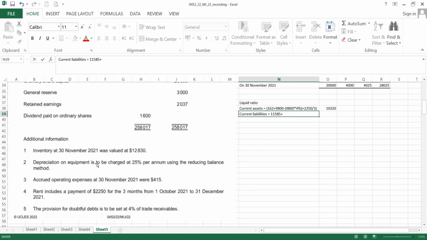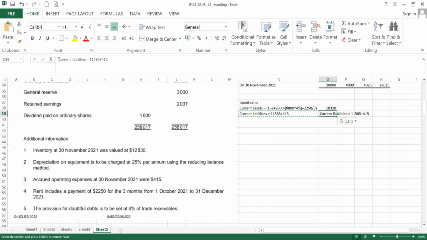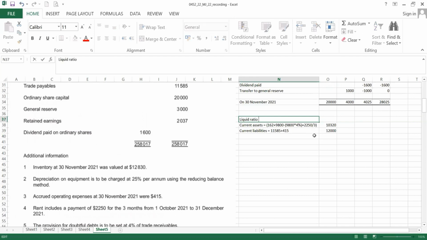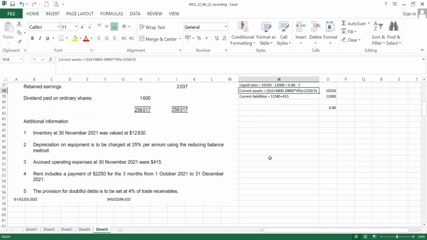We have accrued amount 415. So our current liability. Okay, now the ratio will be 10320 to 1200. So let's calculate. Take this divided by this one. So we get 0.8621. So this is the ratio that we get.